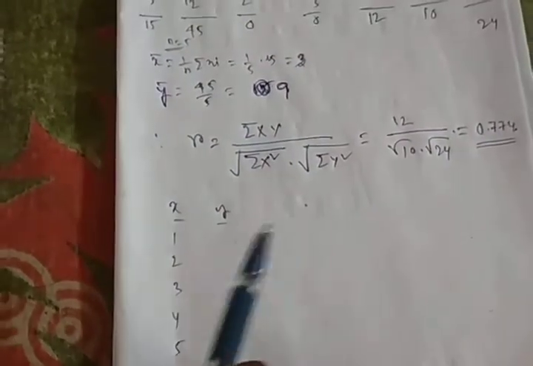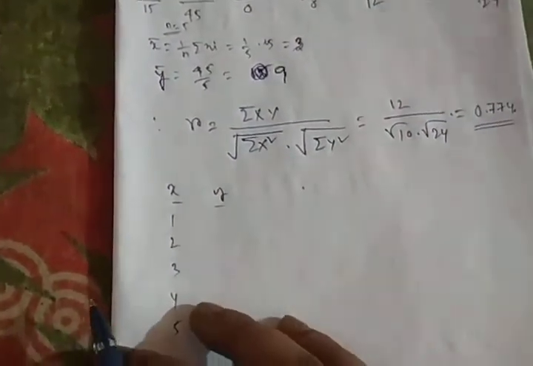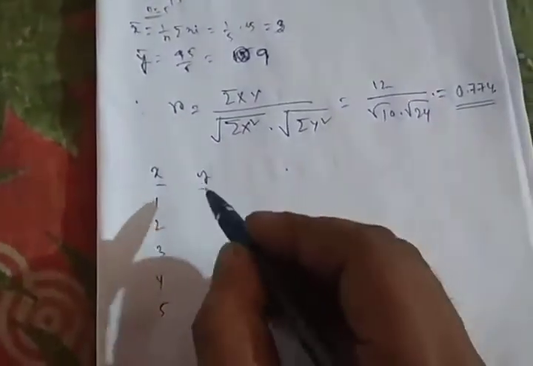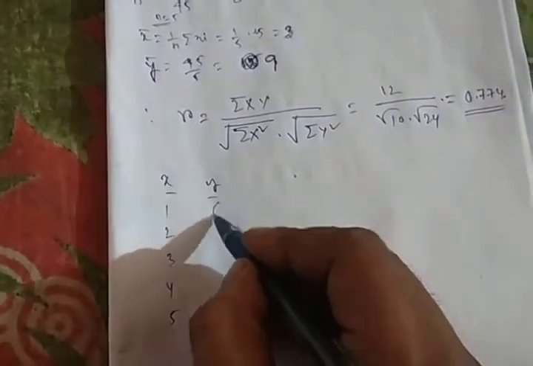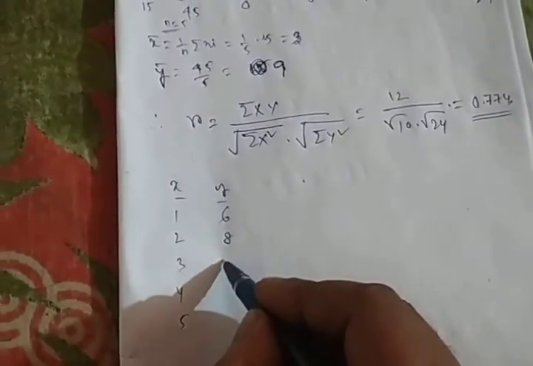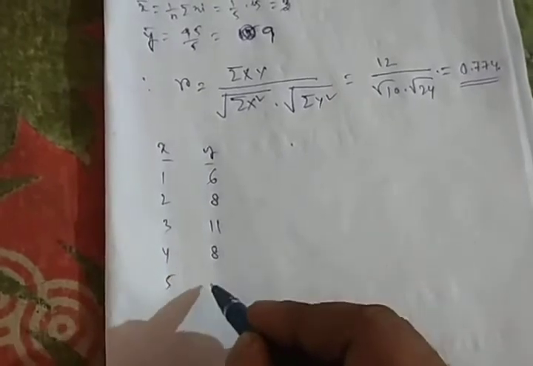I will check the alternative process in which we don't have to take the deviation.